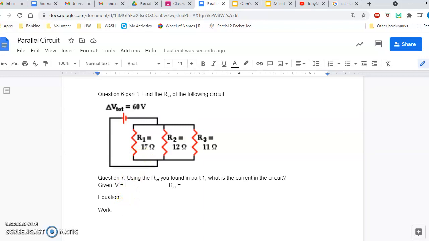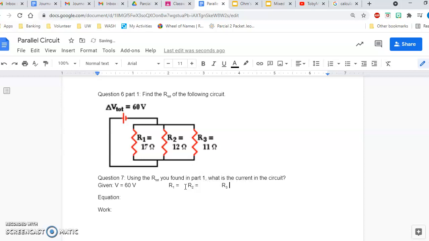So we said that our voltage, or our amount of voltage in our battery, is 60 volts. And then what I should have done is I should have given you guys R1, R2, R3 instead. I should have said this like R1, and I will go in and fix that. R2 on the worksheet is equal to something, and R3 like I've done before.